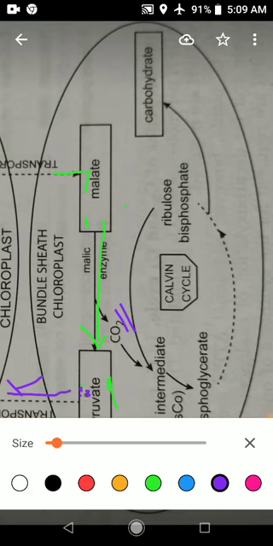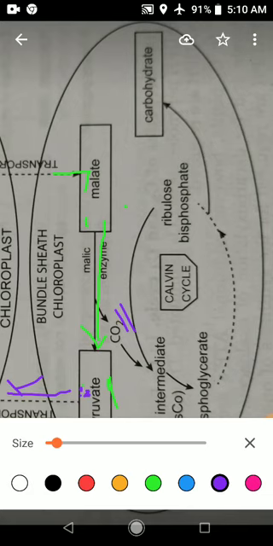There, pyruvate is converted into phosphoenol pyruvate utilizing one molecule of ATP in the presence of pyruvate phosphate dikinase enzyme. It means conversion of pyruvate into phosphoenol pyruvate is catalyzed by the pyruvate phosphate dikinase enzyme.